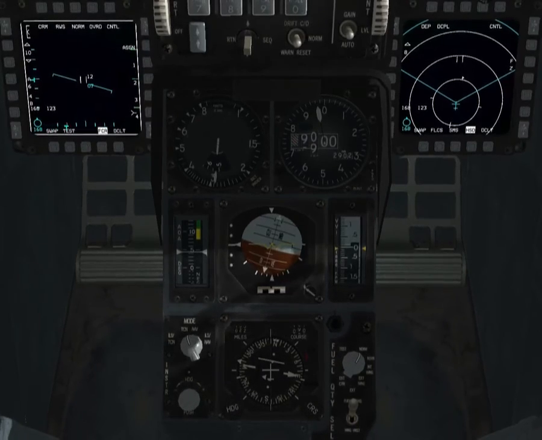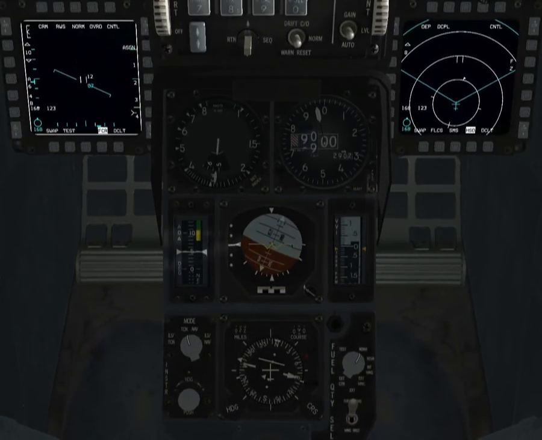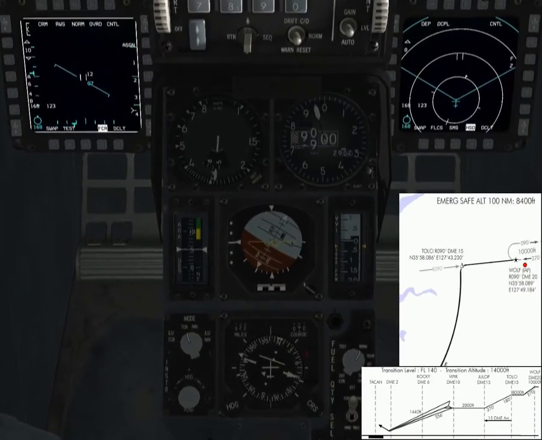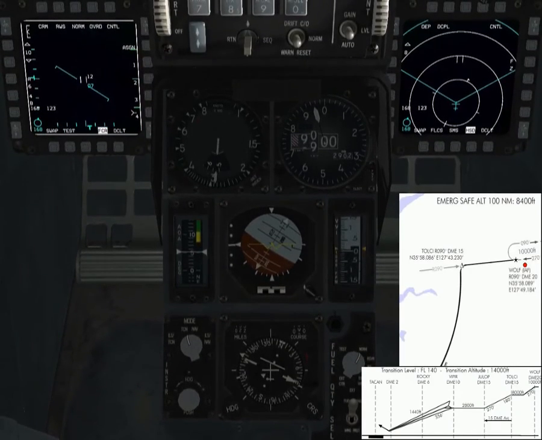So we are approaching radial 090 and Wolf as close as possible. The pictures will show us more or less our position on the charts.